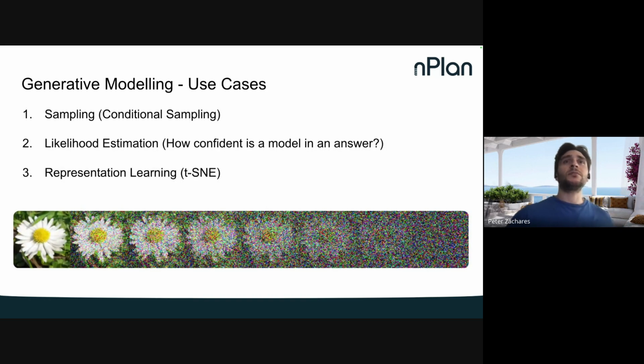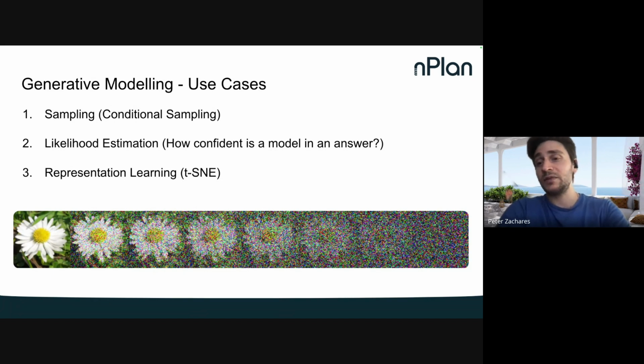There are a couple of different use cases for generative modeling that I wanted to highlight. The one that has really changed the world in the last couple of years is sampling, and specifically conditional sampling. When we call ChatGPT or other large language models, we're providing the beginnings of a piece of text and asking it to complete it for us.